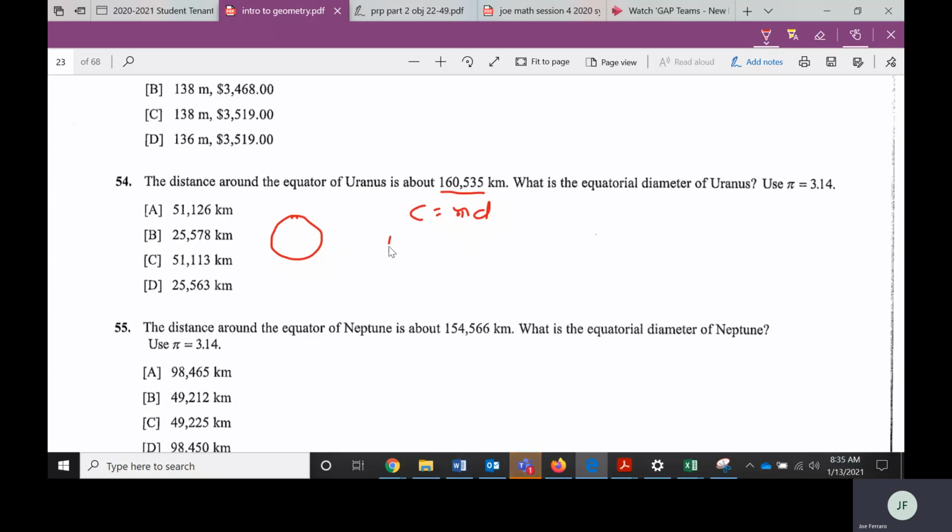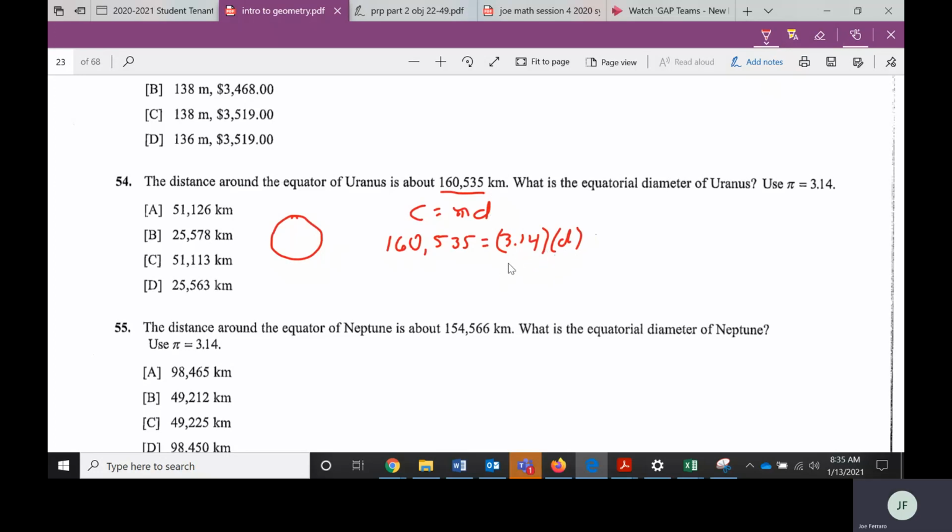The circumference is 160,535. We know pi is 3.14, or they tell us to use that. And we don't know the diameter. Okay, but now we can find it.